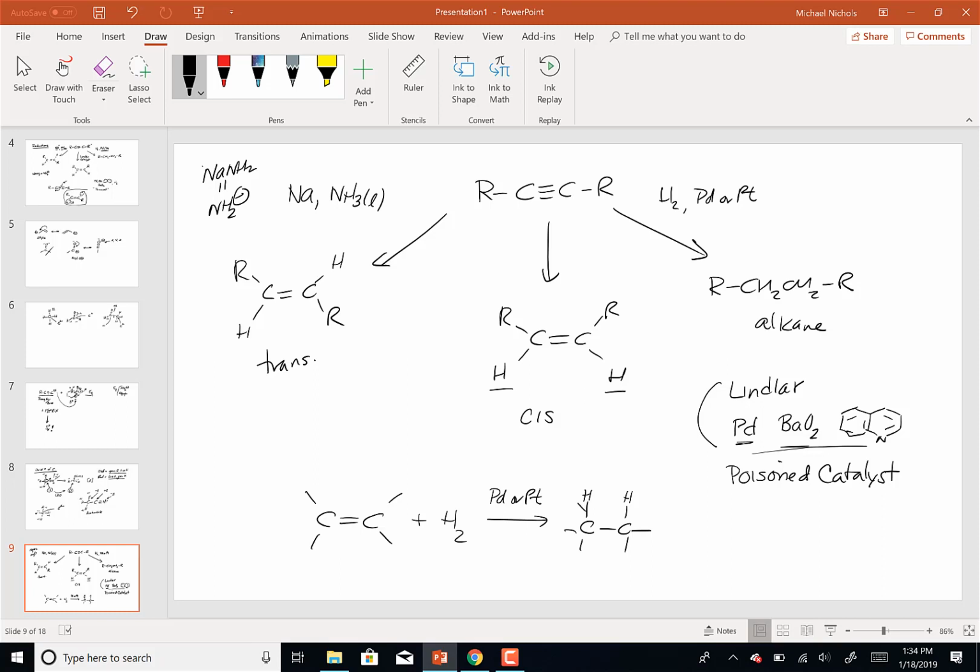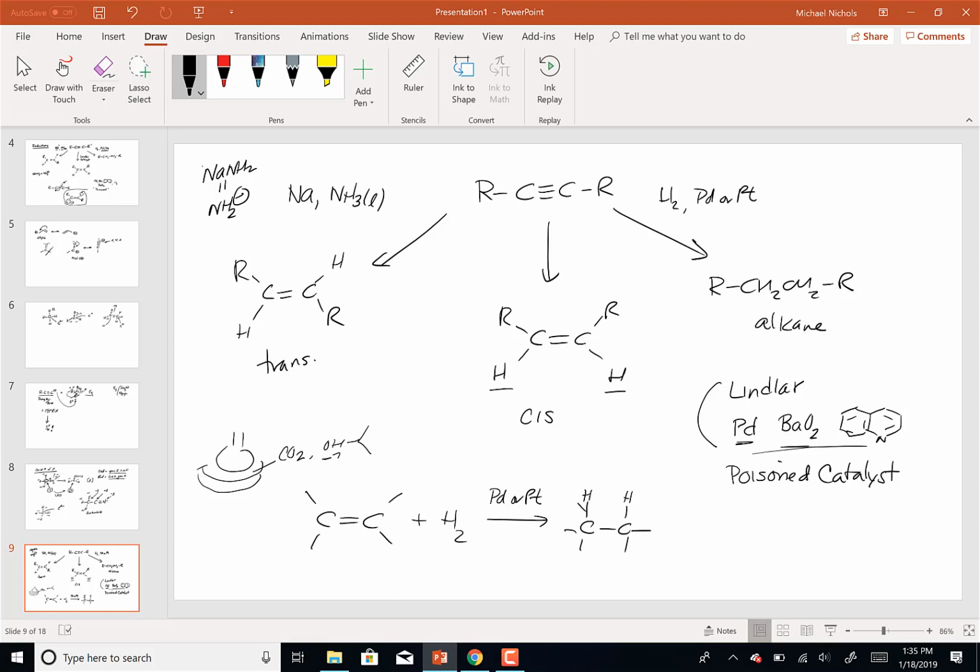So then the question is, liquefied ammonia, how do you do that? Pretty easy, because ammonia basically liquefies at about minus 20, minus 30 degrees. So what you do is take a round bottom and put it inside of a dish that's cooled with dry ice, solid carbon dioxide, and usually isopropyl alcohol.